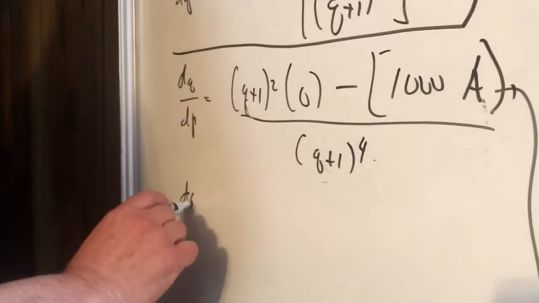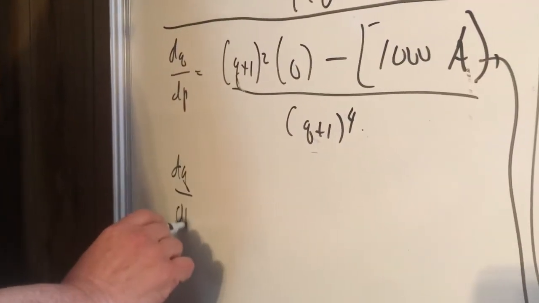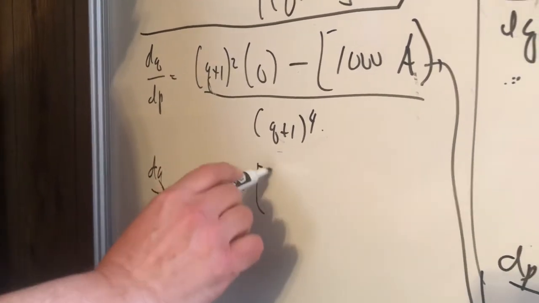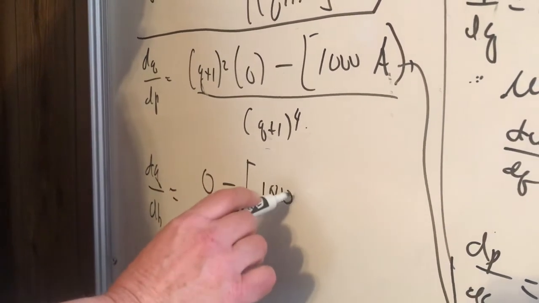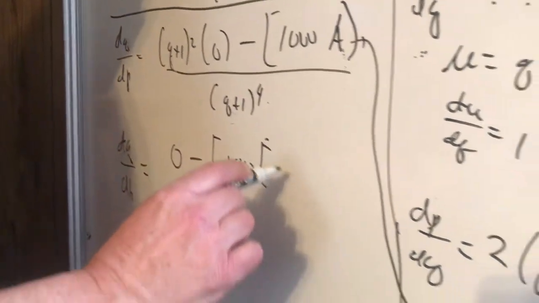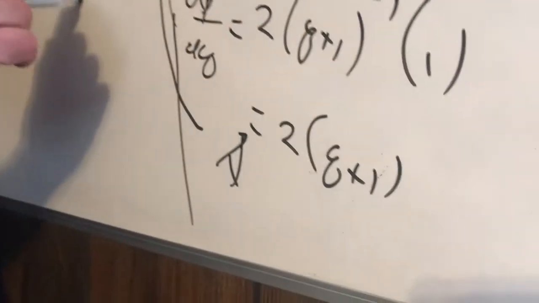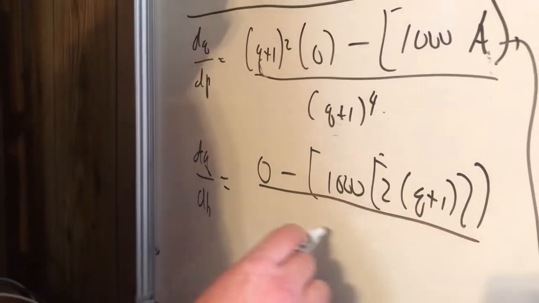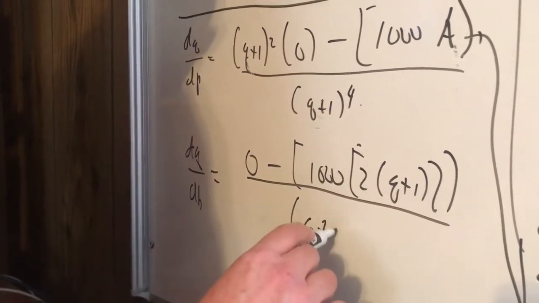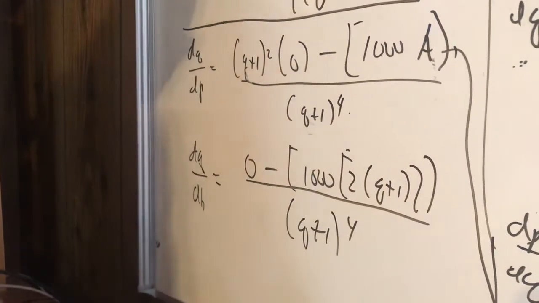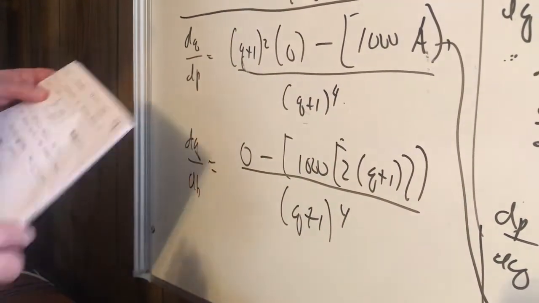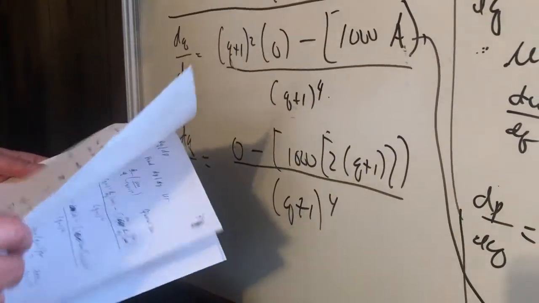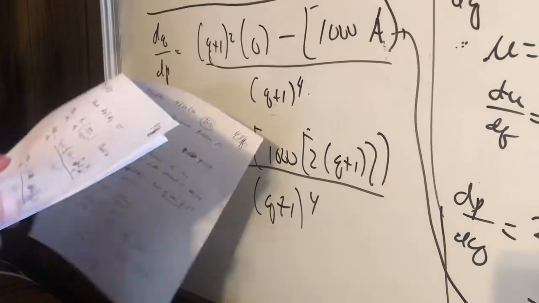And that we're going to substitute back in here. So dq dp becomes 0 minus 1,000 times 2 times (q plus 1) over (q plus 1) to the 4th. Okay, so far we should be right on target.